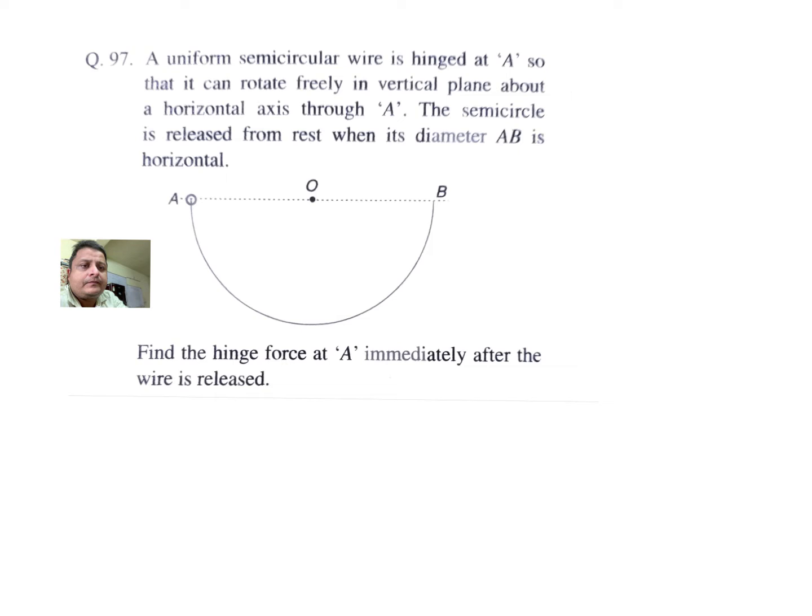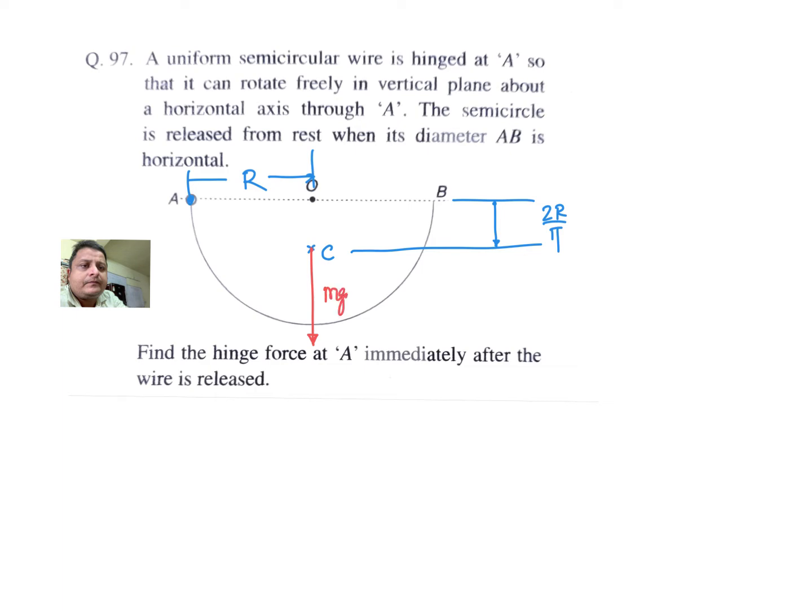So first, there is a fixed axis, so we can apply the torque equation about the hinge. So this is the center of mass C. Now the distance of the center of mass here is 2r by pi, and this is obviously r. The weight acts downwards, mg.